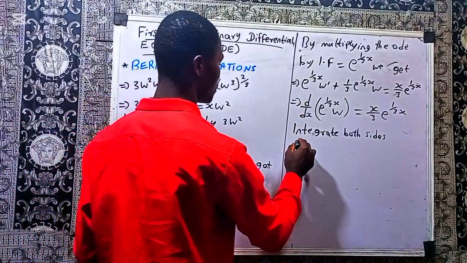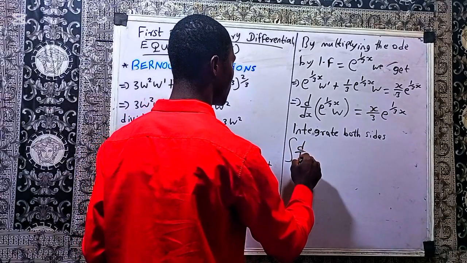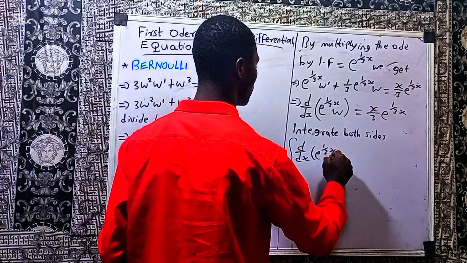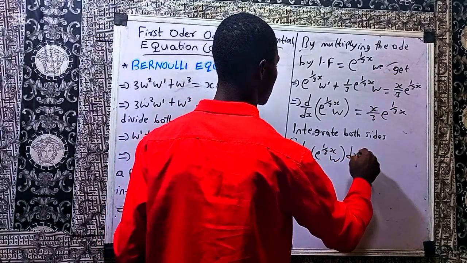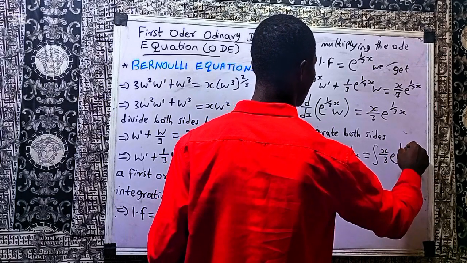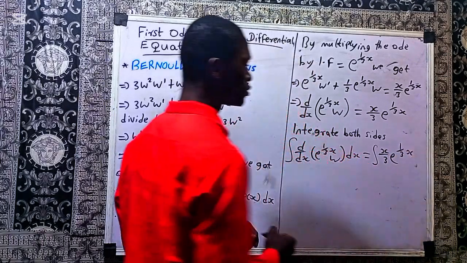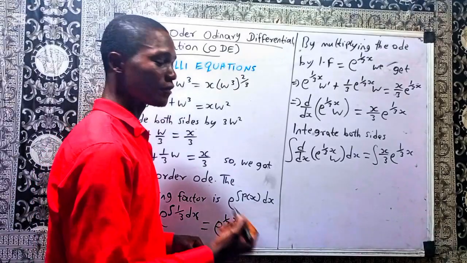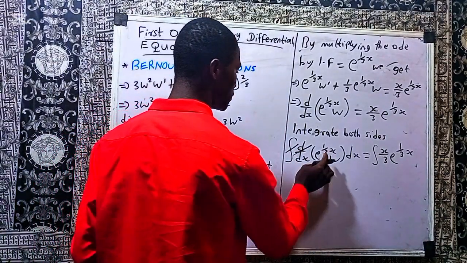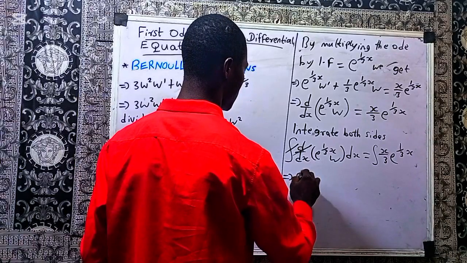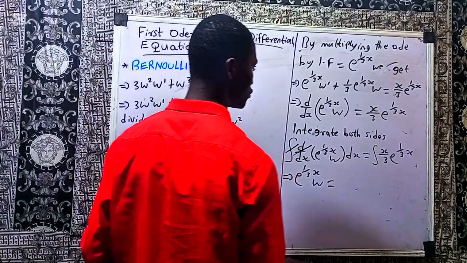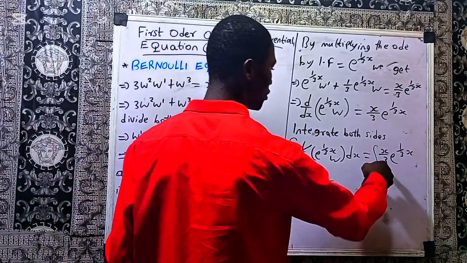So that's the integral of d/dx of exponential 1 over 3 x w dx equals the integral of x over 3 exponential 1 over 3 x. I have put the integral on both sides, then I'll evaluate the integral. The integral will cancel the derivative sign, so we'll have this quantity inside. So this implies exponential 1 over 3 x w is equal to the integral of this.